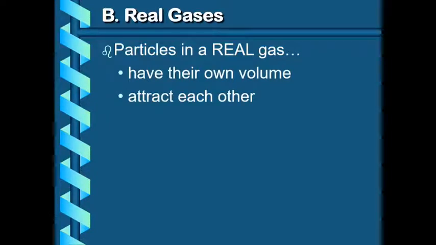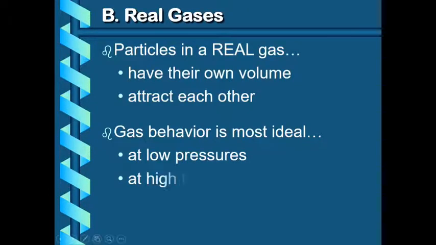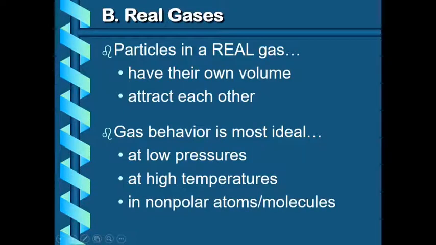So if you want your gas to behave ideally, you need 3 things to happen. You want a low pressure, a high temperature, and a non-polar substance. We just talked in chapter 6.5 about those intermolecular forces, your London dispersion forces, dipole-dipole, hydrogen bonding.